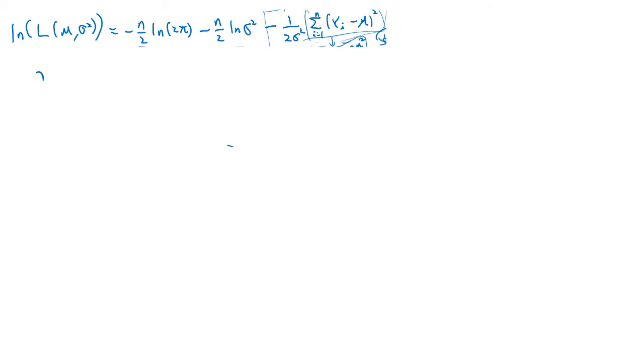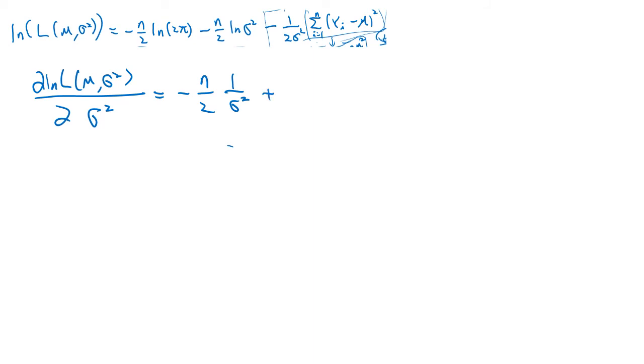So we take the derivative with respect to sigma square, and this is minus n over 2 times 1 over sigma square, plus 1 over 2 sigma square squared, times the sum of yi minus mu squared.